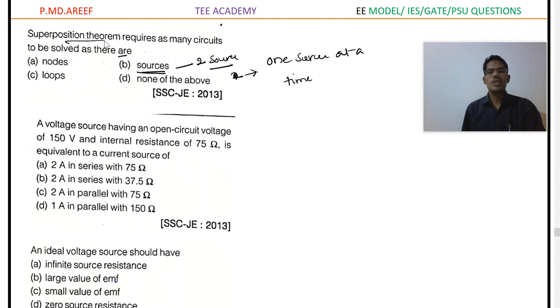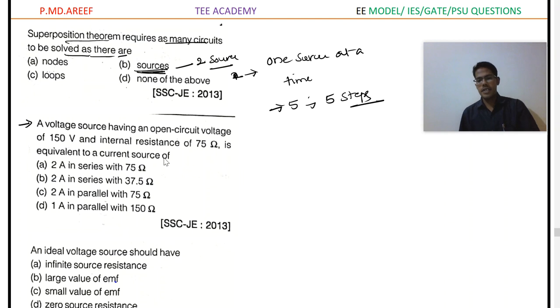So the superposition theorem requires as many circuits to be solved as there are sources. Suppose there are 5 sources, we need to solve the same problem in 5 steps here. Okay, understand?